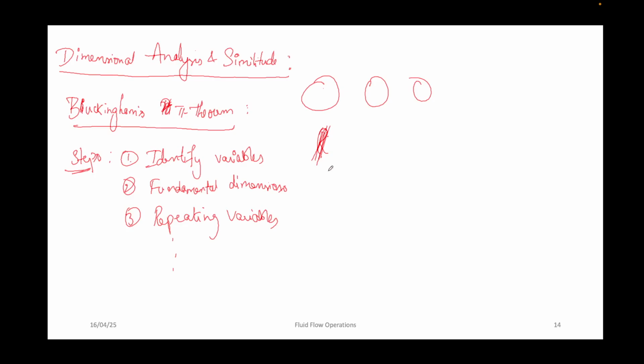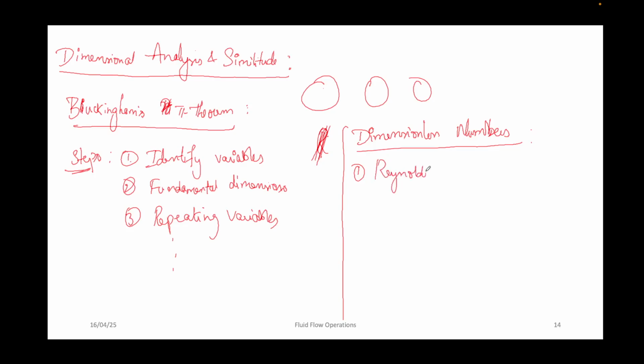So there are a few important dimensionless numbers. The first one is Reynolds number. So how do you represent Reynolds number? With Re, right? Re stands for Reynolds number.